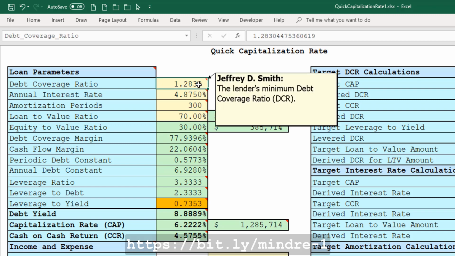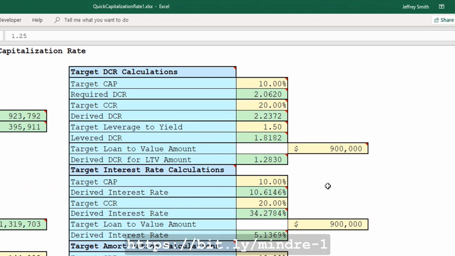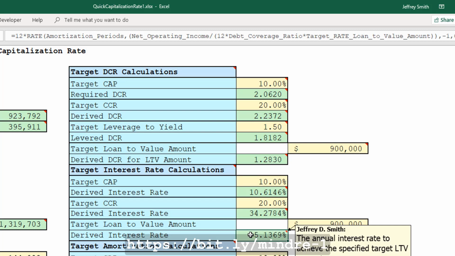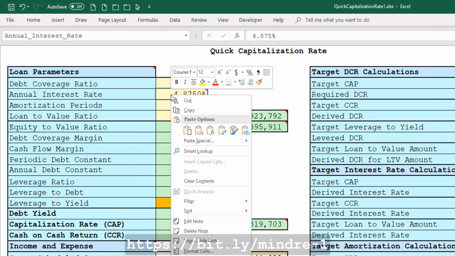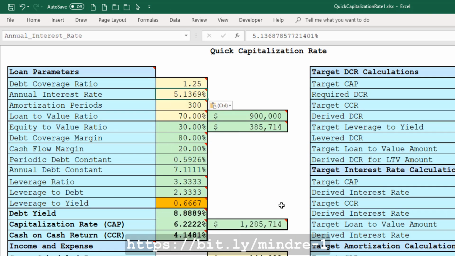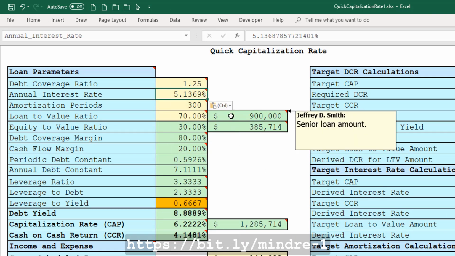Now let's change this back to 1.25 and see what would have to change to the interest rate for $900,000 loan with a 1.25 debt coverage ratio. It turns out that it's 5.1369%. So we increase the interest rate, and the loan is now $900,000.